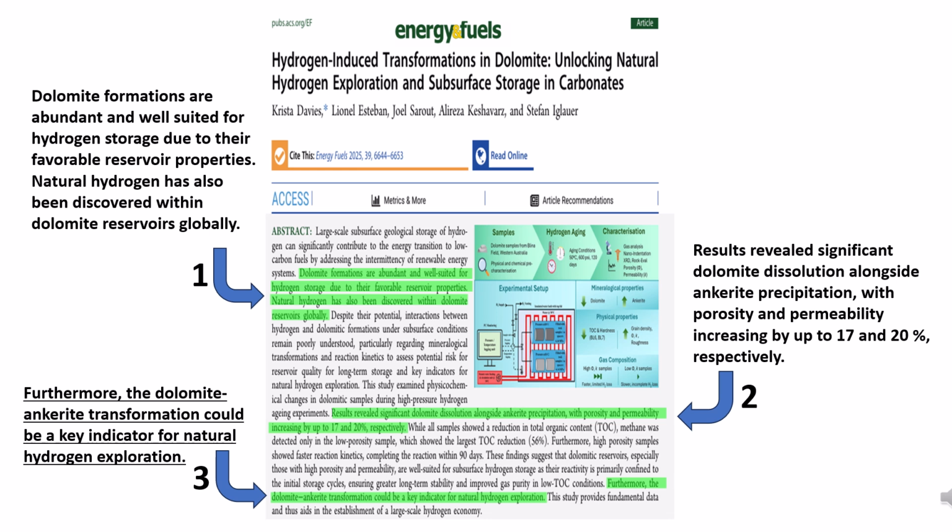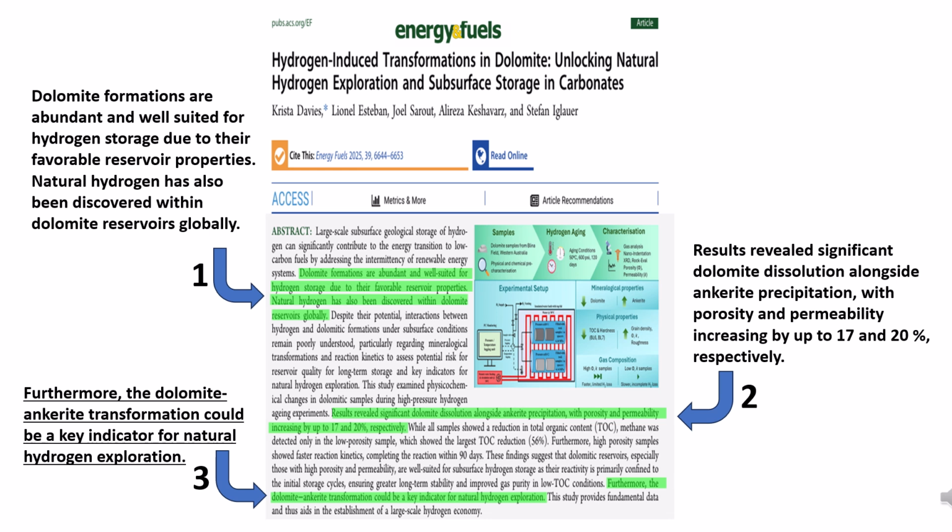This response can be explained by a research paper entitled Hydrogen Induced Transformation in Dolomite: Unlocking Natural Hydrogen Exploration and Subsurface Storage in Carbonates. The paper, published in the Energy and Fuels Journal, states, dolomite formations are abundant and well suited for hydrogen storage due to their favorable reservoir properties.